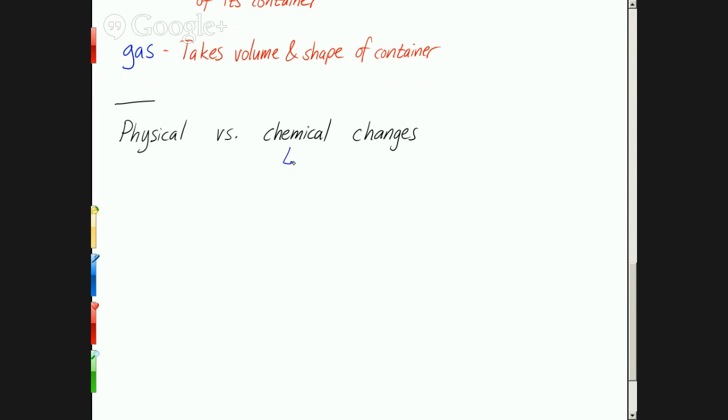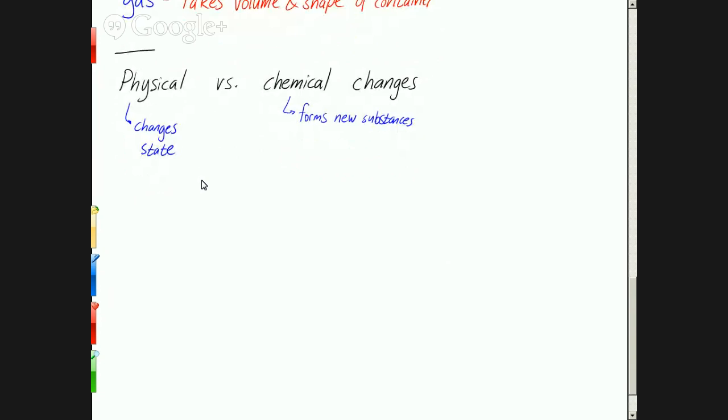Yeah, I think that's the key here, the change, creating something new, changing the very nature of what's happening. So I would say a chemical change forms new substances. Right. A physical change changes the state, or not always the state, but like you said, has to do with its appearance: size, shape, other things about it.